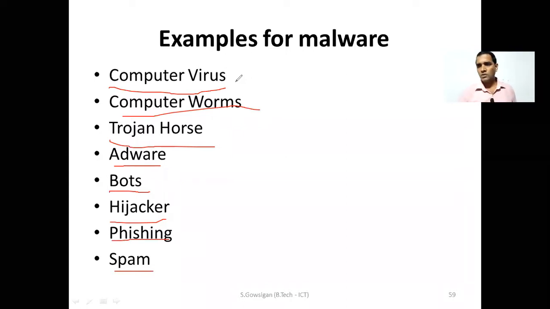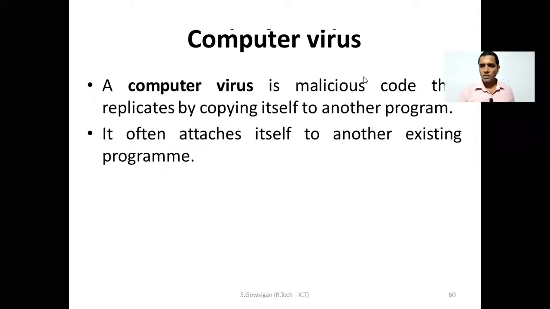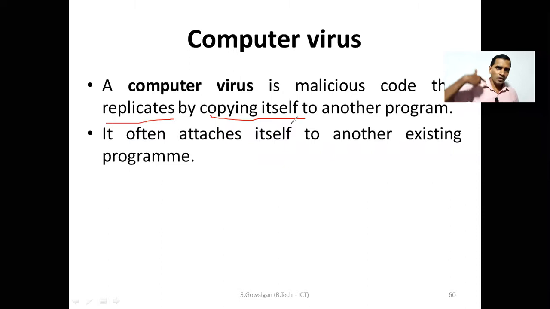This is important. Okay, have a look at the description which I have given. A computer virus is a malicious code that replicates, don't forget this phrase, right? Always remember, it replicates by copying itself to another program. Like I mentioned earlier, it has the ability to replicate, and it also needs some other program for residing, for staying.